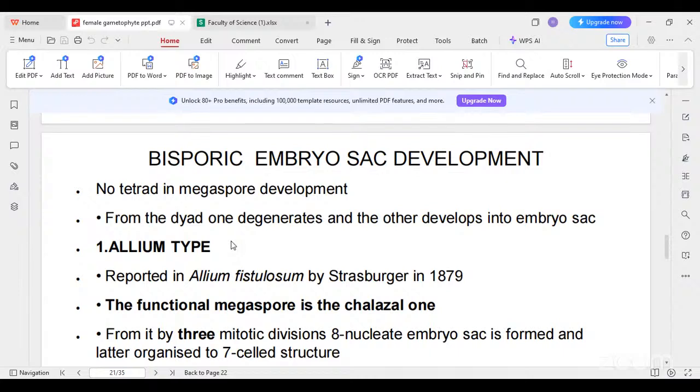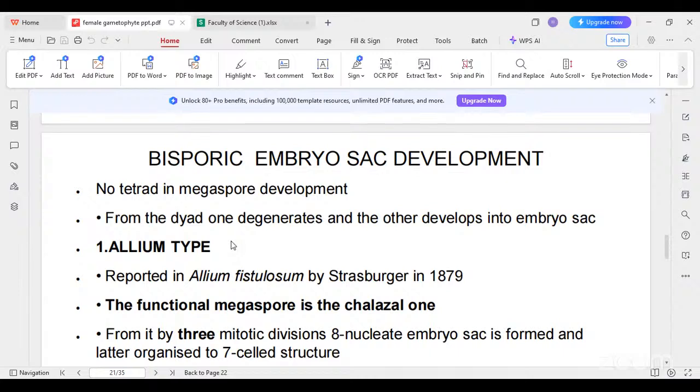This type of embryo sac, the bisporic embryo sac, is again divided into two types. One is called the Allium type.